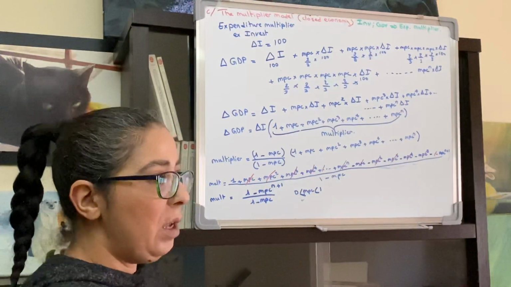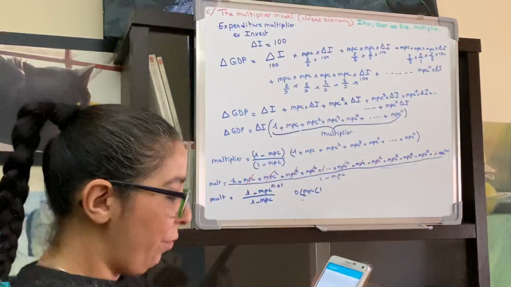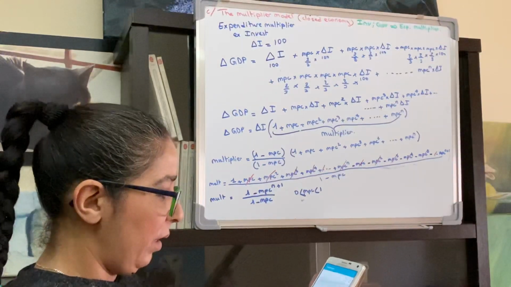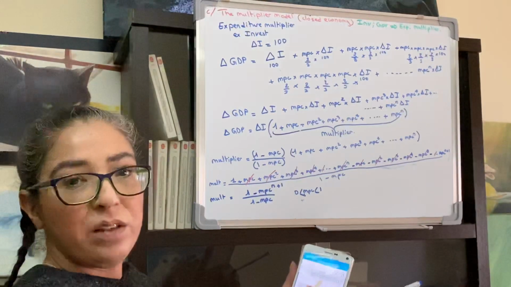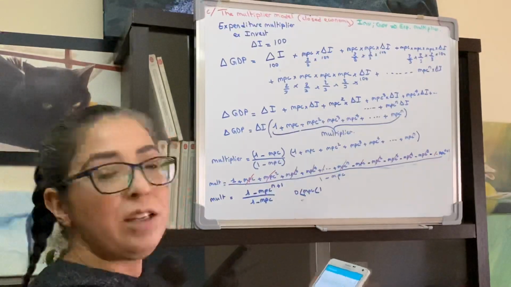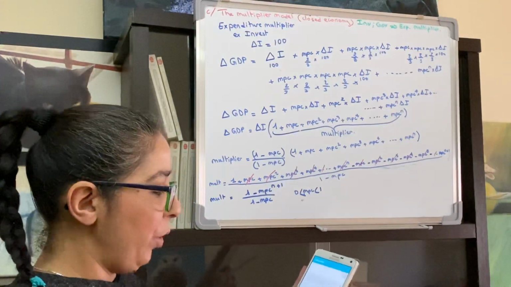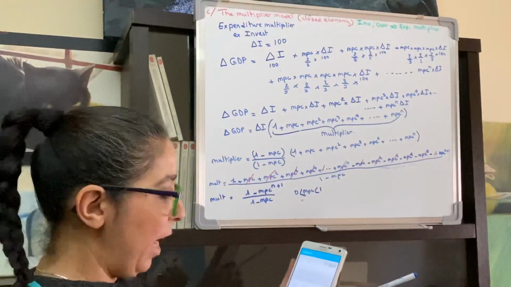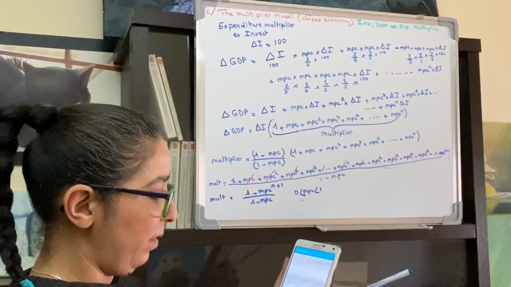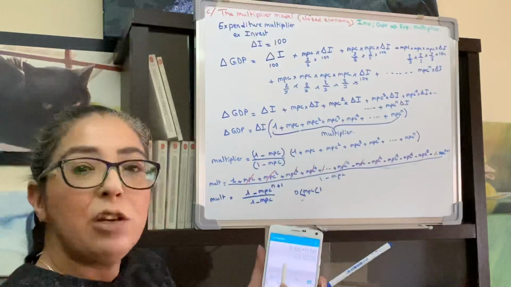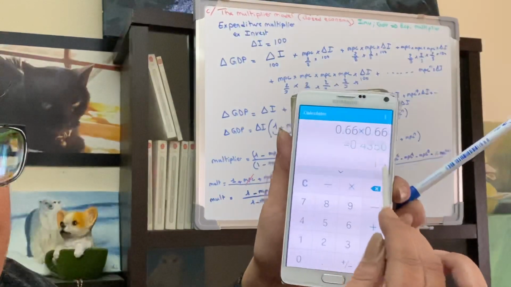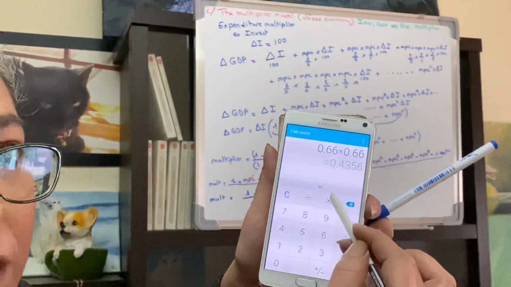So, instead of 2 over 3, how much is it? It's 0.666. Okay, so I'm going to take it as 0.66. 0.66 multiplied by 0.66 is going to be 0.43. So it's smaller.